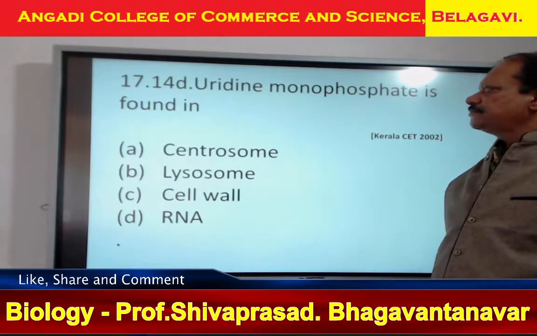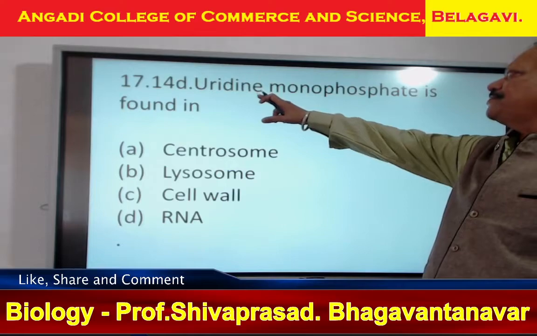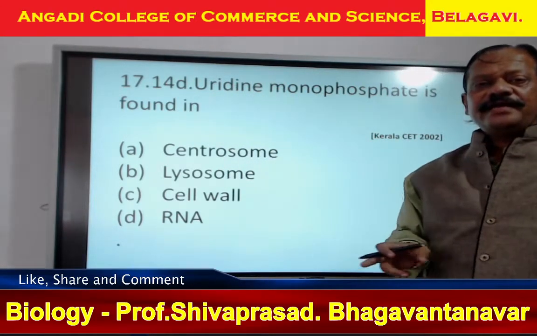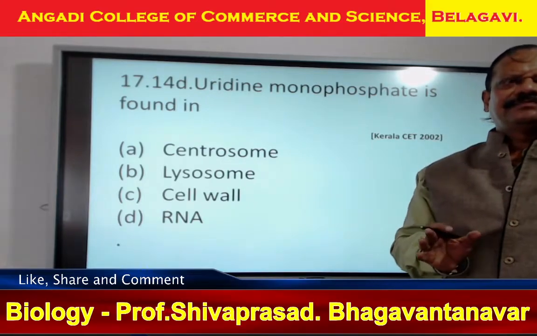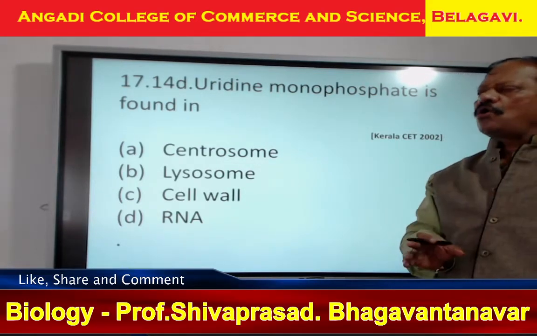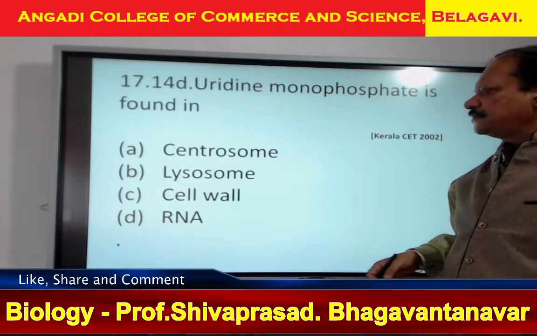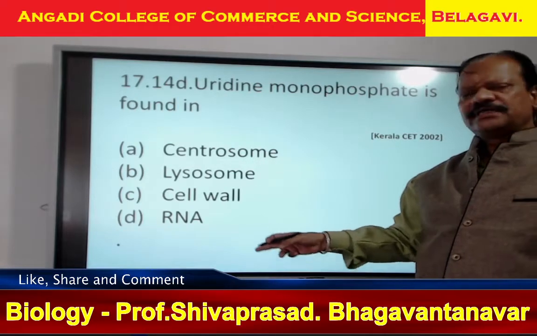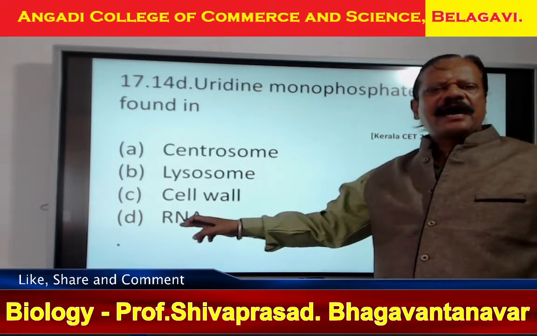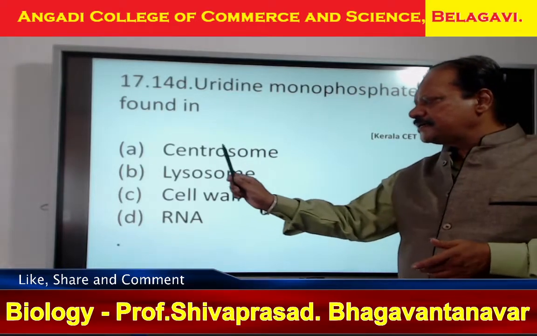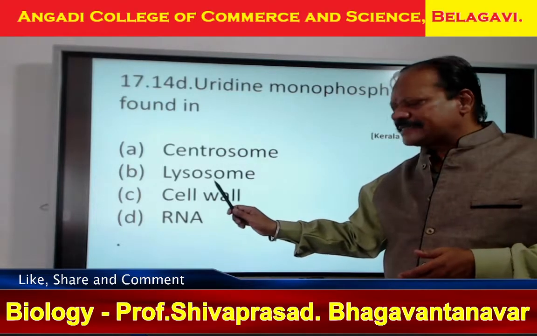Now see, uridine monophosphate is found in. Uridine is nothing but uracil. Okay, so uracil is found in what, I already told. Just find it out here. That is centrosome, lysosome, cell wall, and RNA. So now tell me, it is nothing but option D, that is RNA.